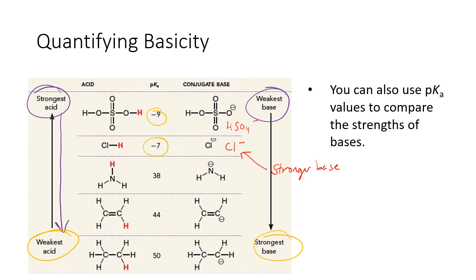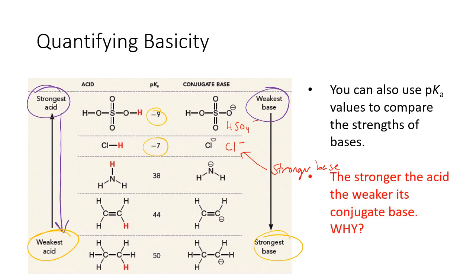We can also compare the strength of the conjugate bases. So the general rule of thumb is that the stronger an acid is, the weaker its conjugate base will be. And that has to do with the fact that a really strong acid really wants to give up that proton a lot. It wants something to take that proton.